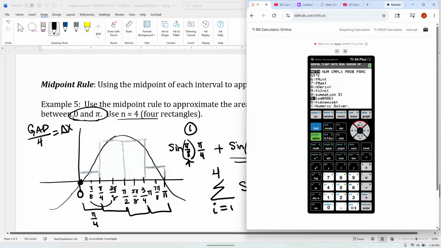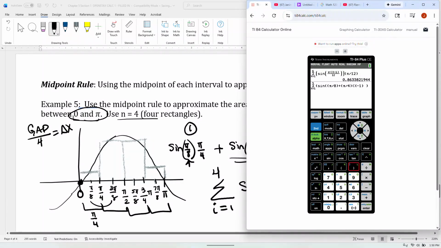Math, summation, 1 to 4, sine. The first one I have is pi over 8. Okay, and then I'm adding to that pi over 4 times x minus 1 for each.